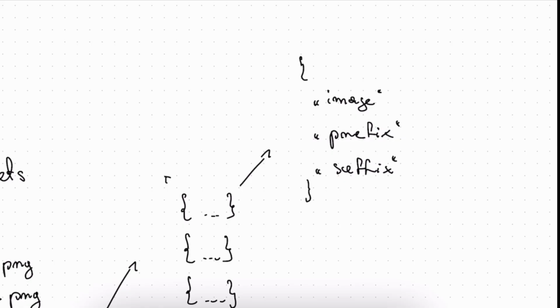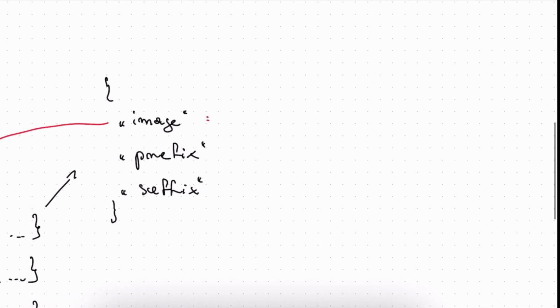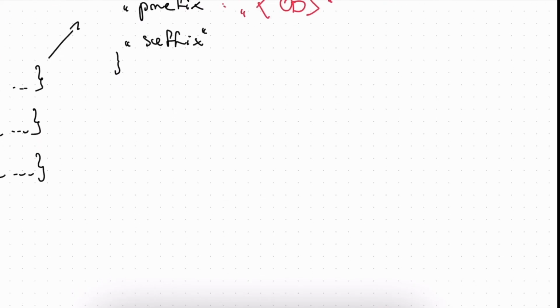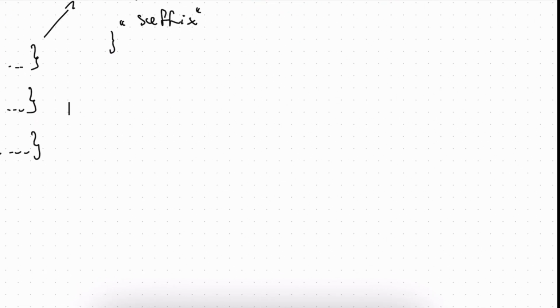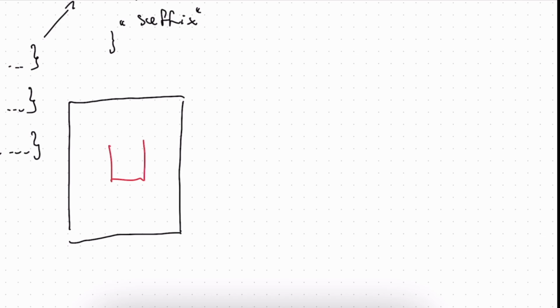The image key obviously points to the image associated with the annotation. Let's say that in our case, it's image_1 PNG. The prefix is the prompt that we want our model to react to. In our case, it's plain OD in angle brackets, and the suffix is the expected response. So let's assume we have an image and a detection that we can describe with a bounding box with coordinates x1, x2, y1, y2.